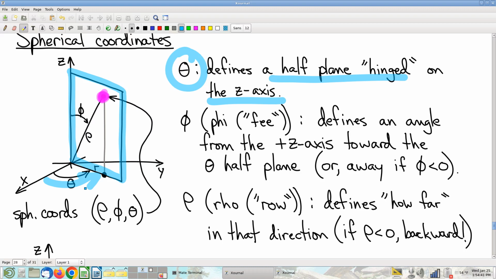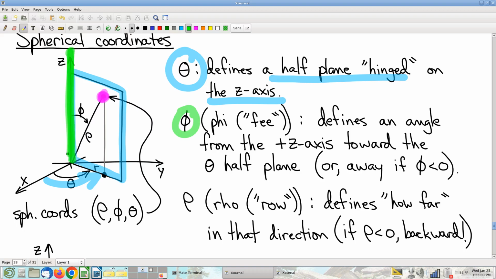All right, how are we doing? Okay, notice theta is familiar. It's the exact same as the cylindrical theta. Nice. Okay, next, phi is measured off of the positive part of the z-axis.